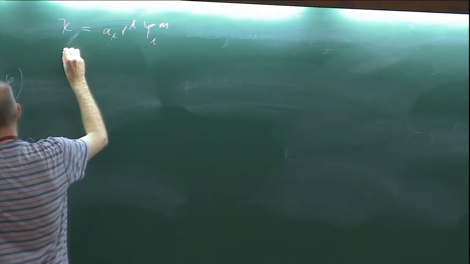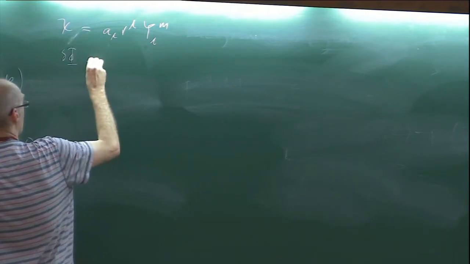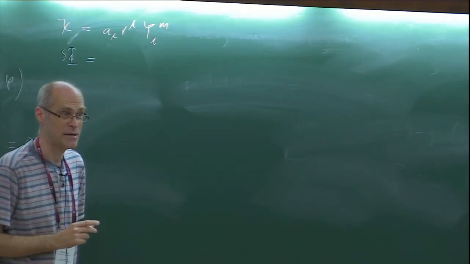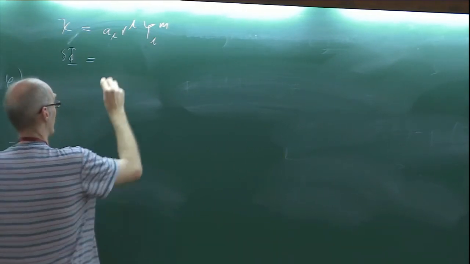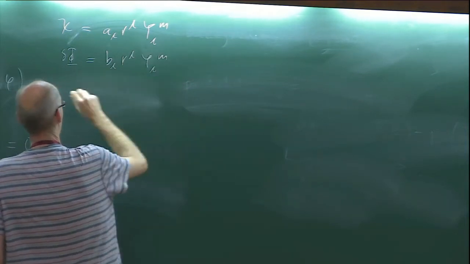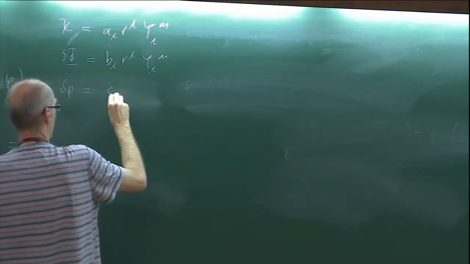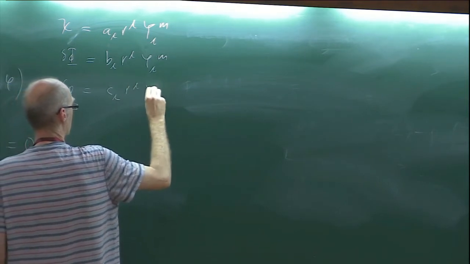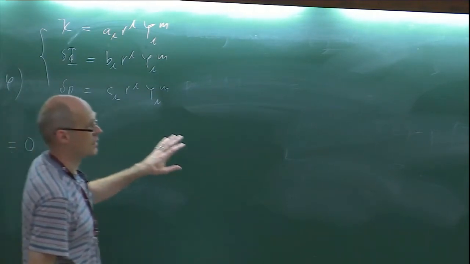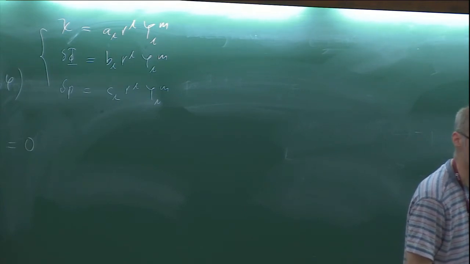I have the delta phi. You will not be surprised that the coefficient is called little b. Very logical. Exactly the same. And delta p, again the same with the coefficient c. Okay. And now we go back over here.